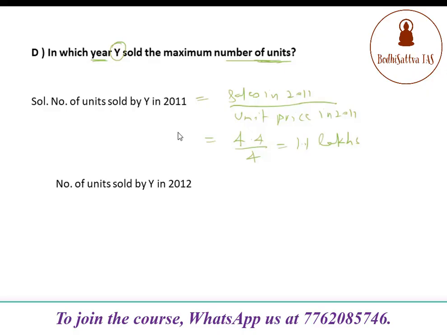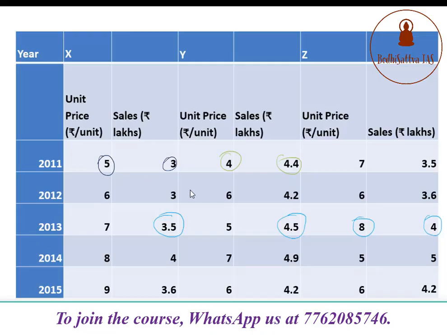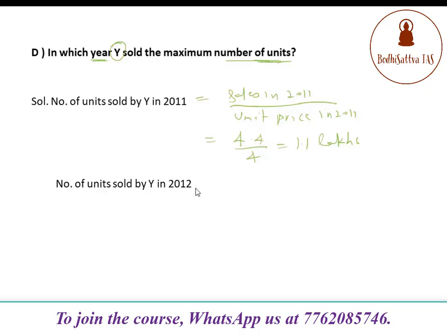Now number of units sold in 2012. For 2012 company Y, 4.2 lakhs sales was done and unit price was rupees 6. So 4.2 lakhs divided by 6, so we will get 0.7 lakhs.